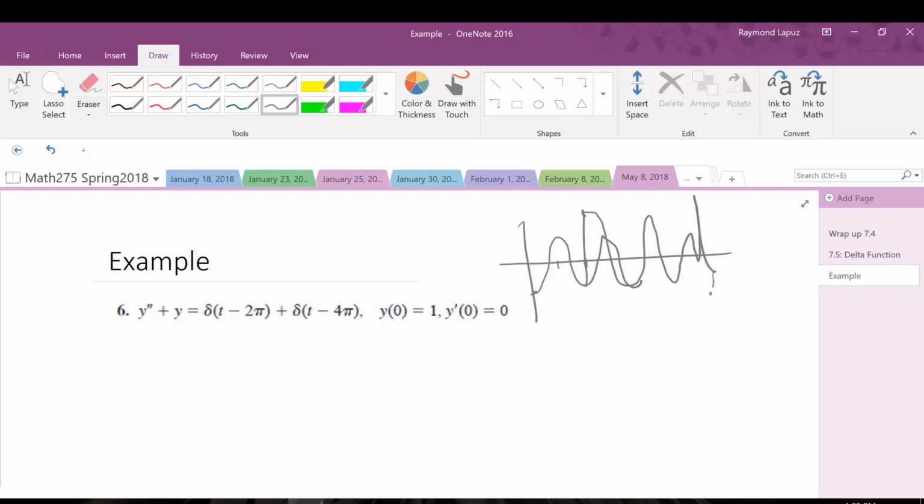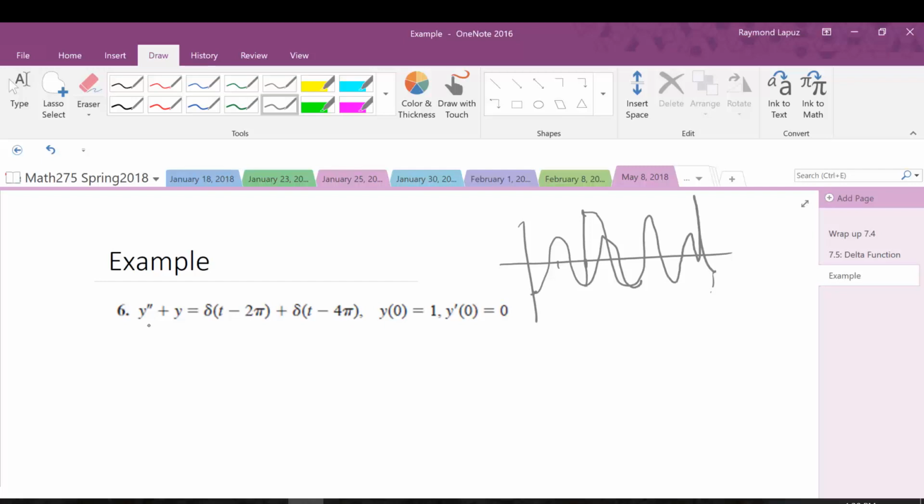It's y double prime plus y. Yeah, but the position itself looks like it would just change.